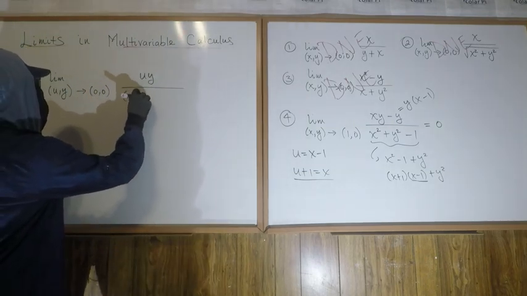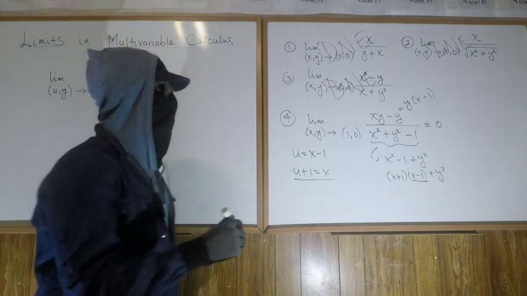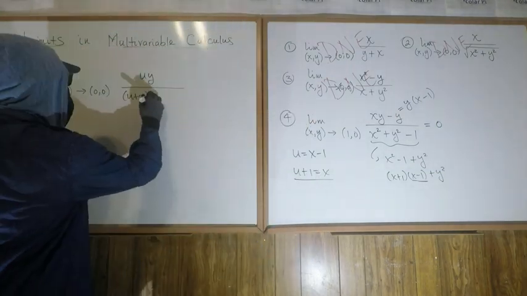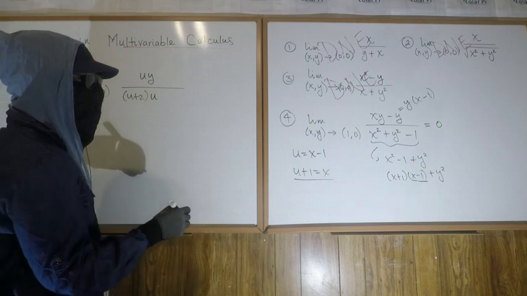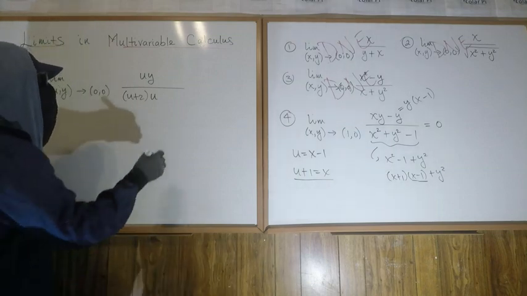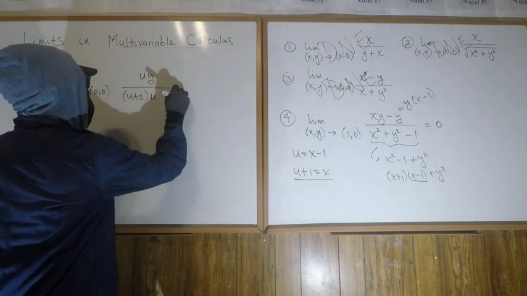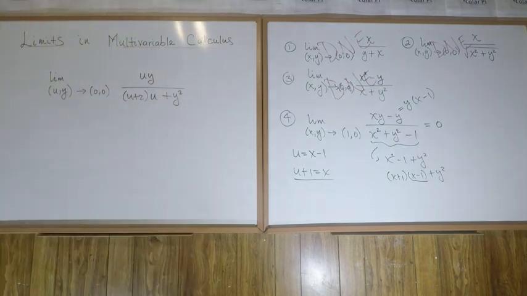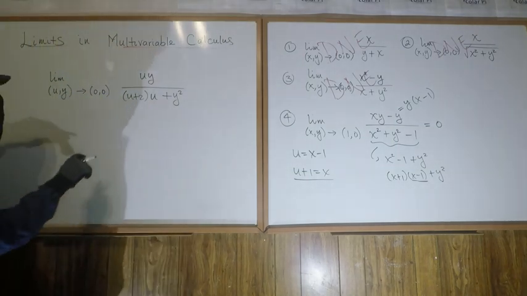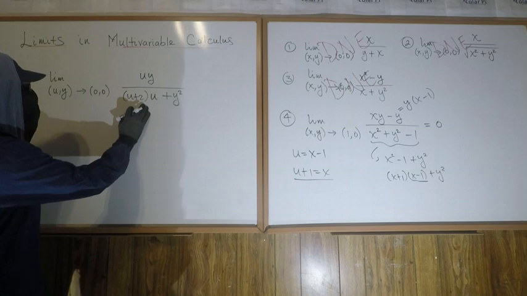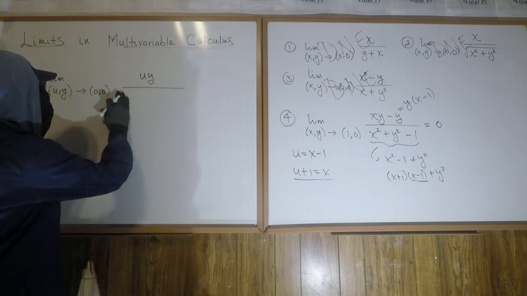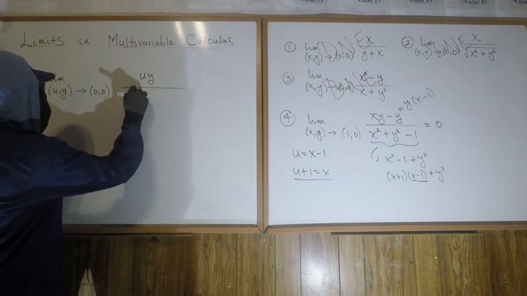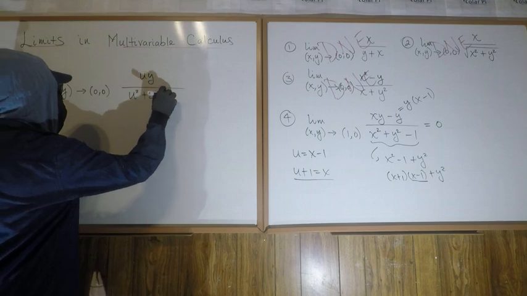So, u plus 2 times what? Times x minus 1 is u. So, times u. And then plus y squared. Yeah, y hasn't changed, so just plus y squared. Got it. Okay. And now the denominator we can simplify as u squared plus 2u plus y squared.